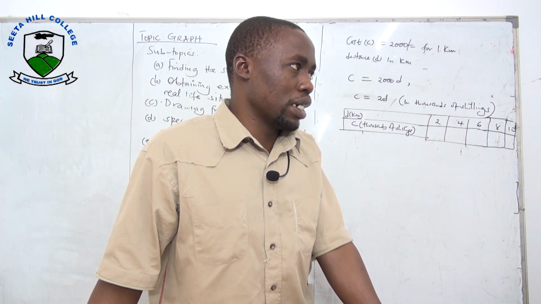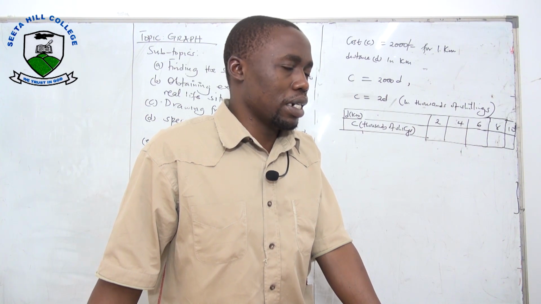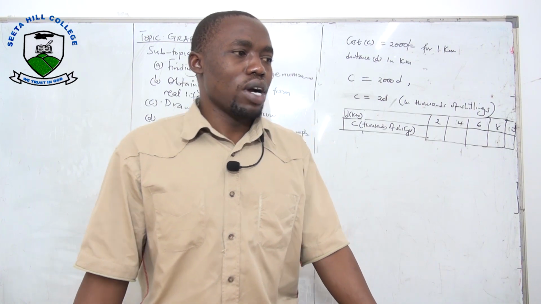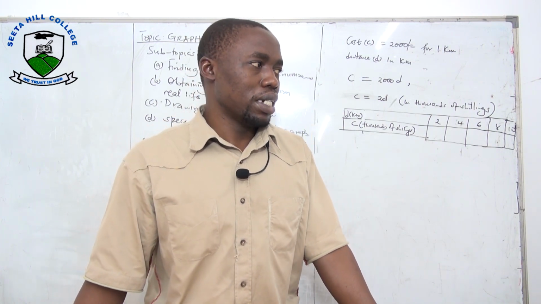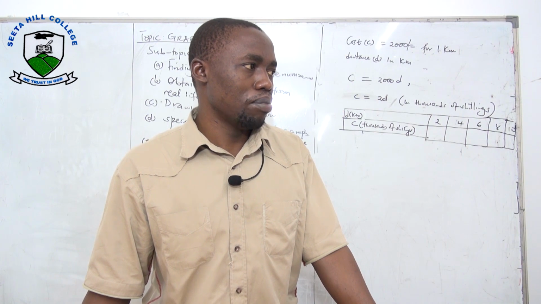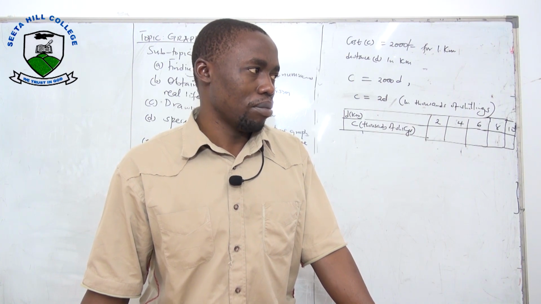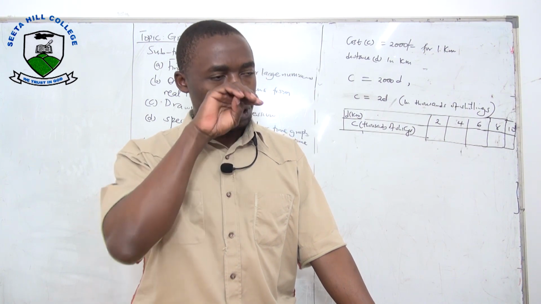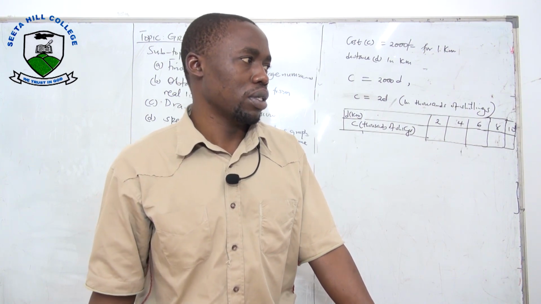Now, the one that is got from the other, the one that depends on the other to get it, is called a dependent variable. Like you can't get cost without distance. So the cost depends on distance.